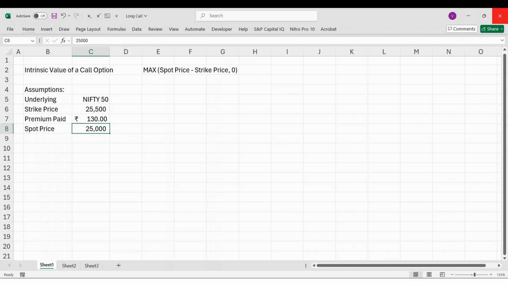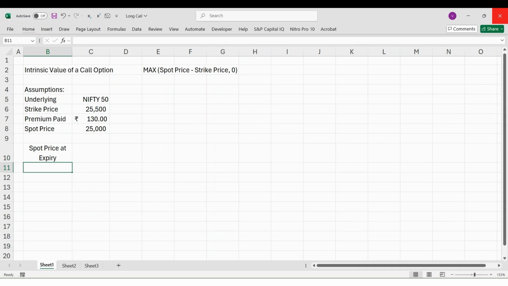Now, when you have to model any option, we have to set up the entire mathematics related to that option. The first thing for an option model will be what your spot price at expiry is. Now, this is an assumption. You assume that the spot price at expiry would be, let's say, below 25,000, which is the spot price, or above 25,000, again, the spot price.